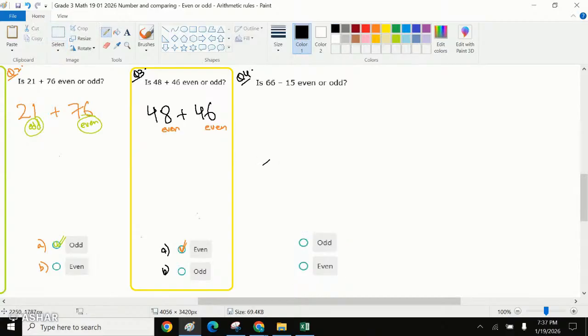Question number 4 states 66 minus 15. So we can say one is even, ending with 6, and the other is odd.